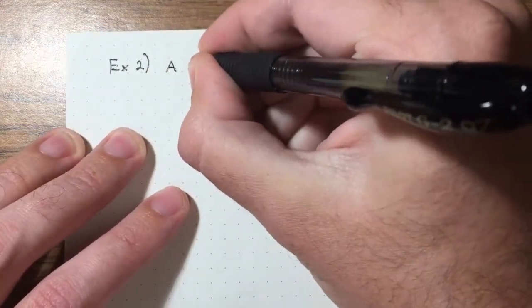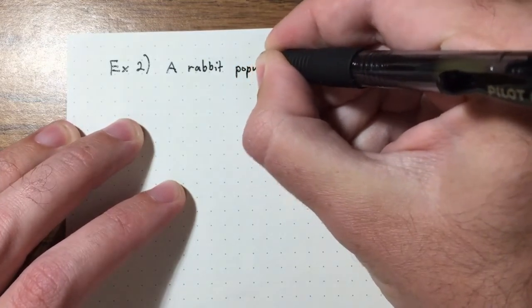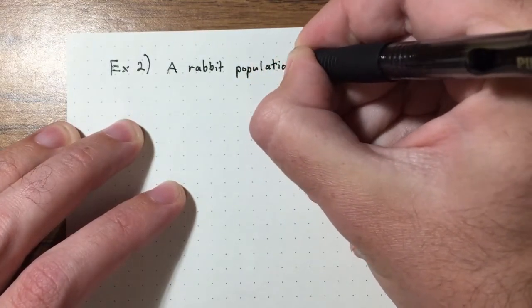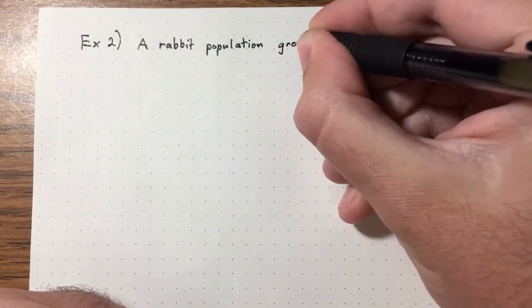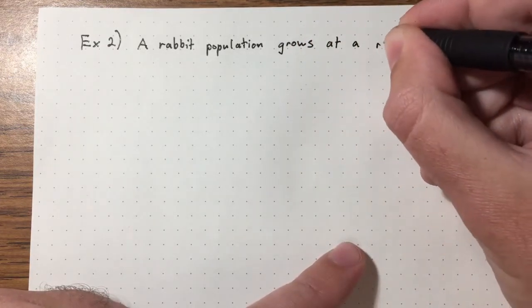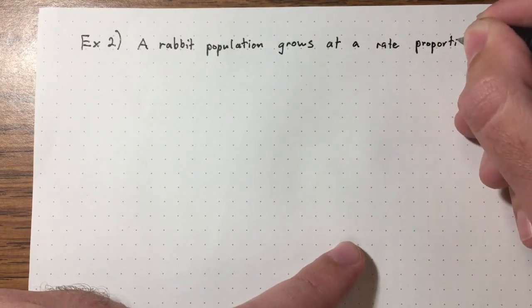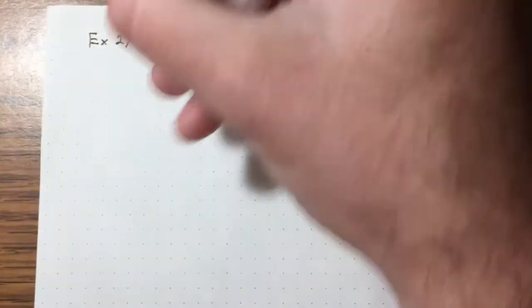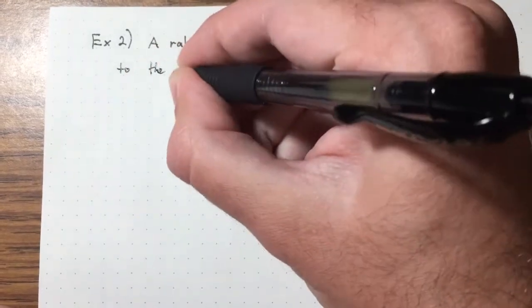A rabbit population grows at a rate proportional to the population size.